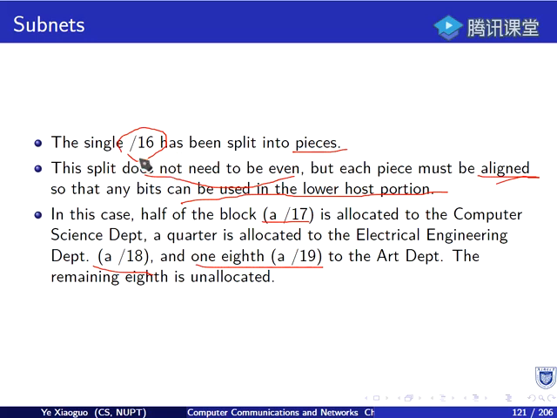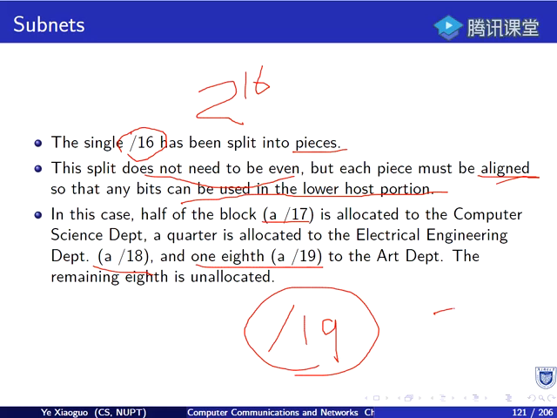Why? The original size is 2^16. Then why is /19 an eighth of the original size? Because for /19, the size is 2^(32 minus 19).